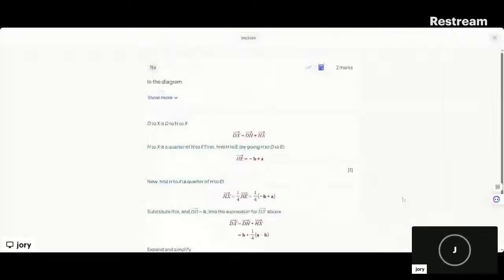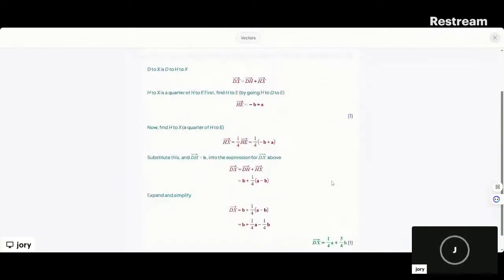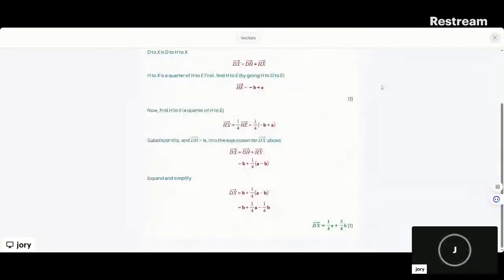Let's see, HE. Oh, they did HE. I did EH. I think it's the same. Yeah, it's pretty much the same. It's correct nonetheless. And then where's my other mark? Oh, it's just 2 marks. Okay, thanks.